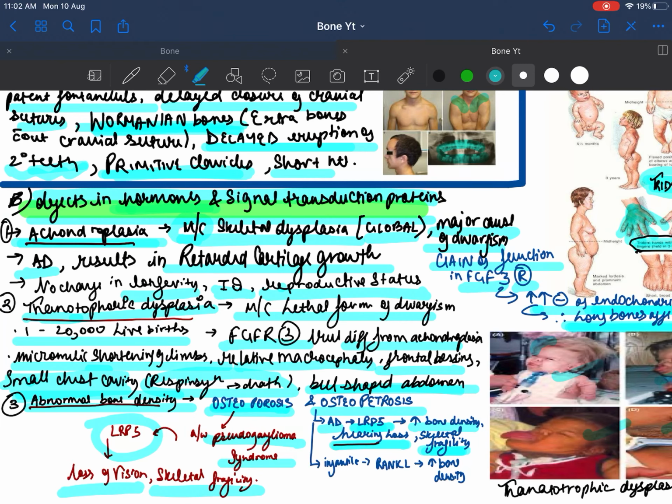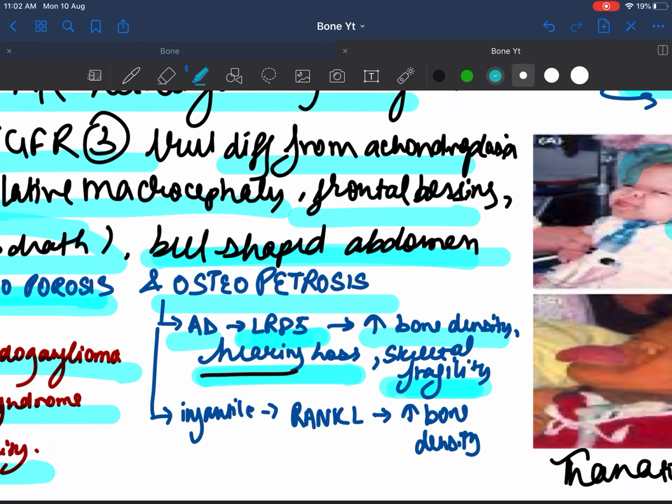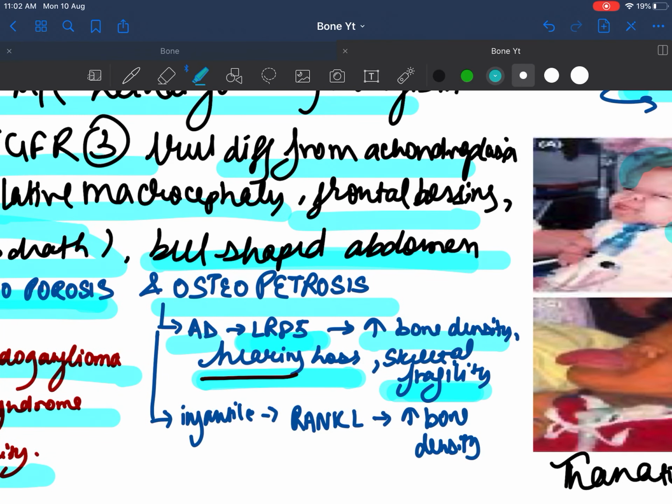If you have less bone density, you will obviously not be able to bear all the load of the body weight. And in cases of osteopetrosis, though your bone mass density has increased, still it will be very brittle, because the tensile strength of the bone is because of its characteristic shape at the shaft, which is very much diffused in this case of osteopetrosis.